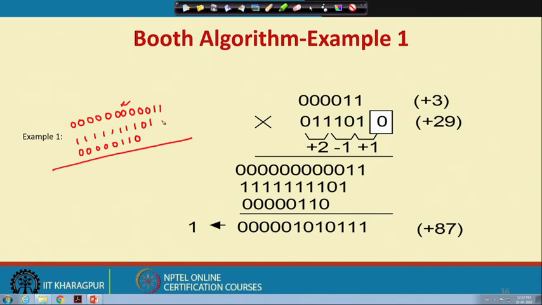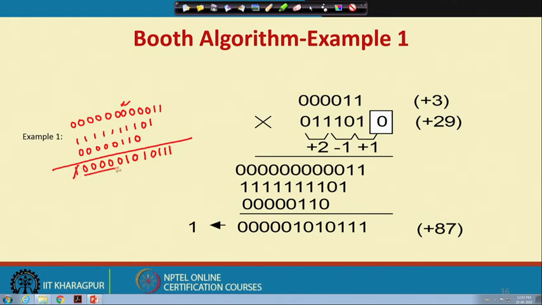Now I need to add. So this is 1, this is 1, this is 1, then this position is 0, this position is 1, for 1 1 this is 0, for 1 1 this is 1, for this is 0, this is 0, this is 0, this is 0, this is 1. Okay. So this carry will be discarded.